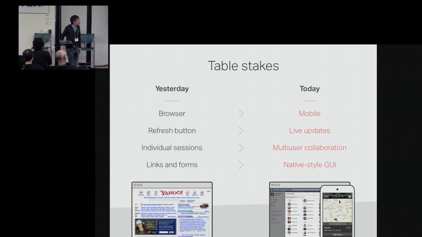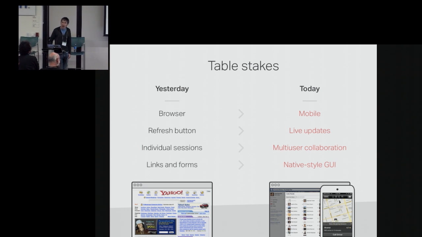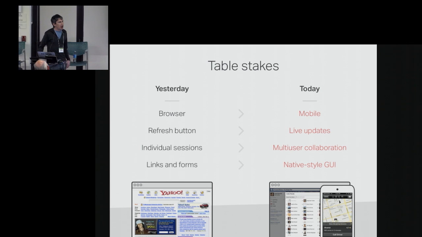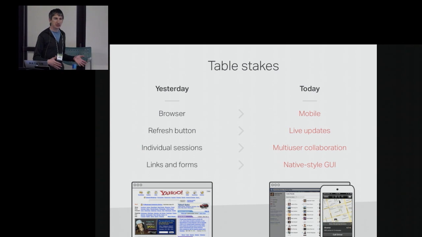Or Facebook, right, where I've got a dialog box that pops up, so a modal with state when I want to invite friends to an event. I've got type ahead search in that box. It's a much more fluid experience. It's also collaborative, right? So in both of those examples, I'm using the application alongside other people. And one way or another, I can see the results of what they're doing, and they can see the results of what I'm doing.